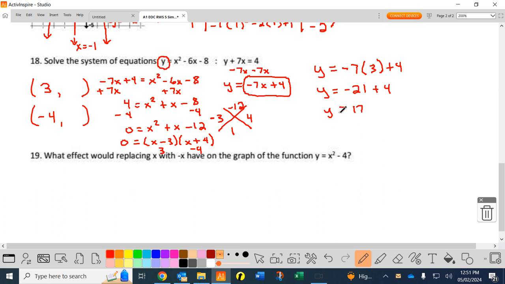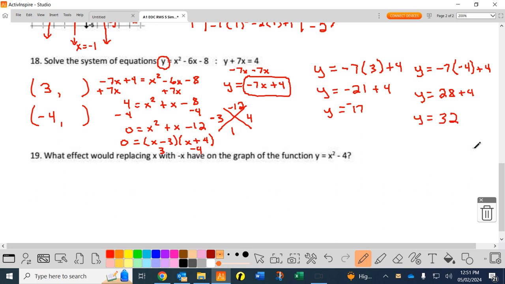From there, the next one, when I plug it in, is going to be y equals the opposite of 7 times the negative 4, plus 4. That's going to make it y equals negative 28 plus 4, which is going to, oh no, a negative times a negative is a positive. It's going to make it y equals 28 plus 4, which means y equals 32.